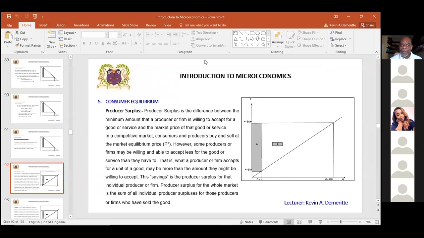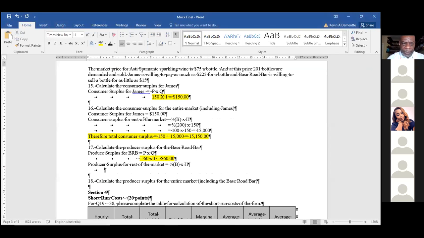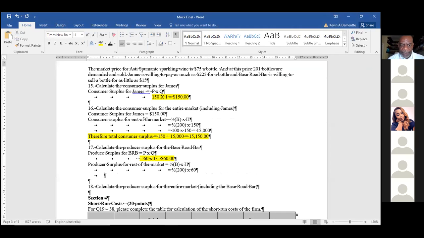All right, so let's go back. Here's our question. Half base times the height. So the producer surplus is equal to 1/2 of the base we said is 200 times the height we said is 60, equals 100 times 60, which equals 600.